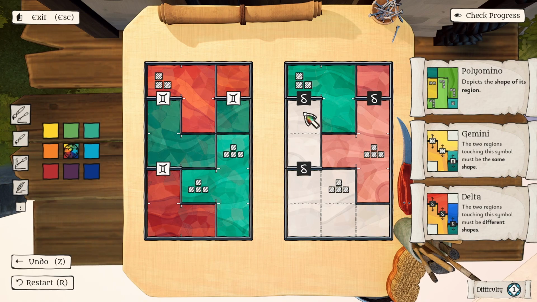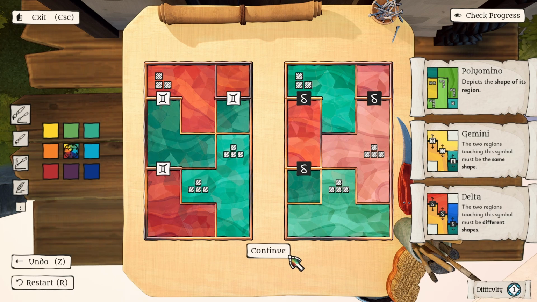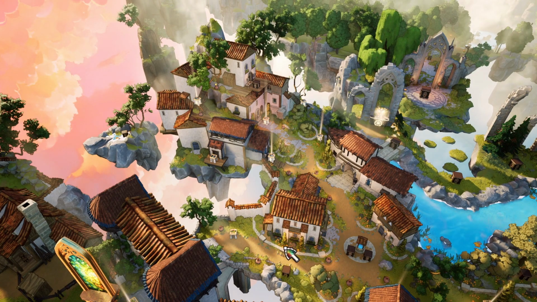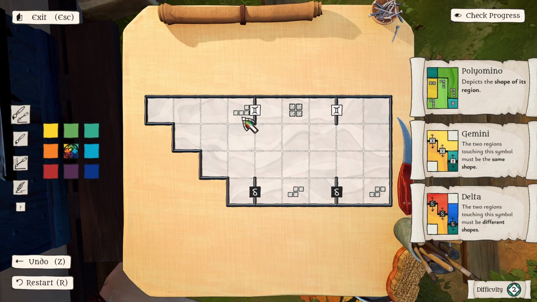Then there. Let's do another. Polyomino Gemini Delta.